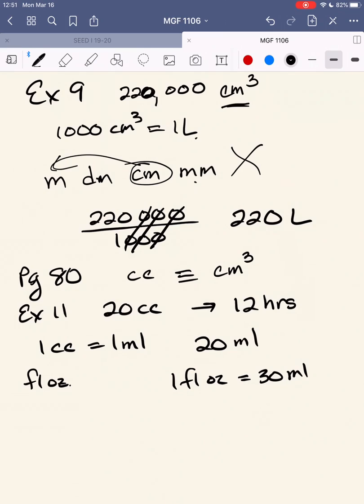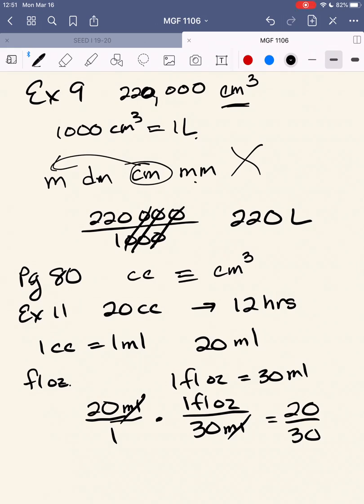So I have 20 milliliters, and I want it in fluid ounces, so 20 milliliters over 1, and 1 fluid ounce over 30 milliliters. The milliliters cancel out. So I have 20 divided by 30, which ends up being 0.67 fluid ounces.